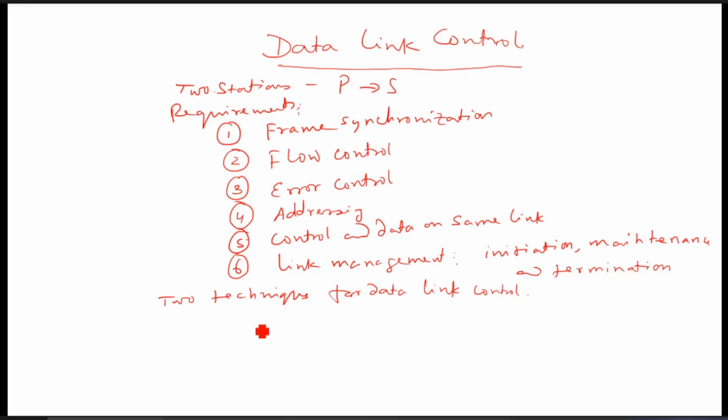One is flow control, and the other is error control. Different protocols are there that you will see in detail. Let us first discuss flow control. So what is this flow control? What is this technique?